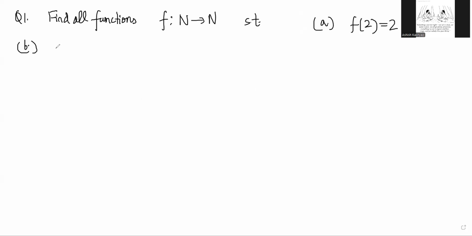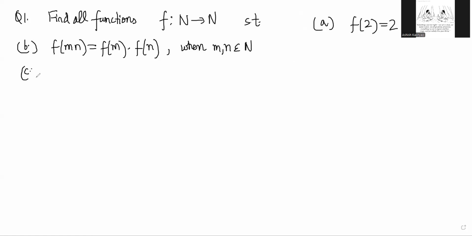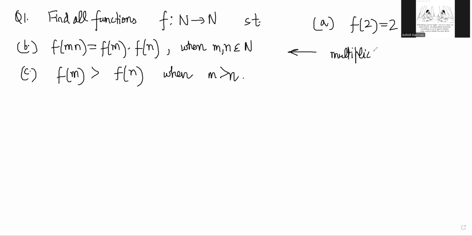Property B is f of mn is equal to f of m times f of n when m and n belong to natural numbers. And property C is f of m is greater than f of n when m is greater than n.